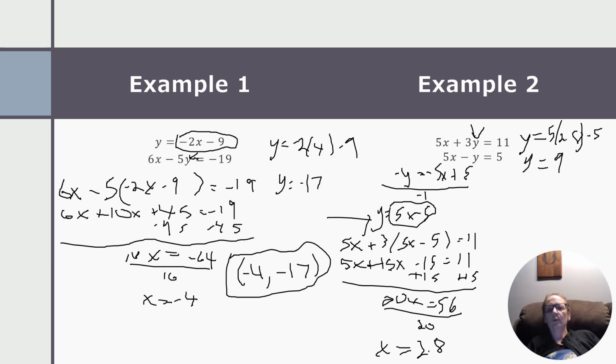And then I write my ordered pair at the end, which will be 2.8, comma 9, xy. Oop, there we go. Sorry about crossing through my 11 there. Sometimes mouses are a pain in the butt.